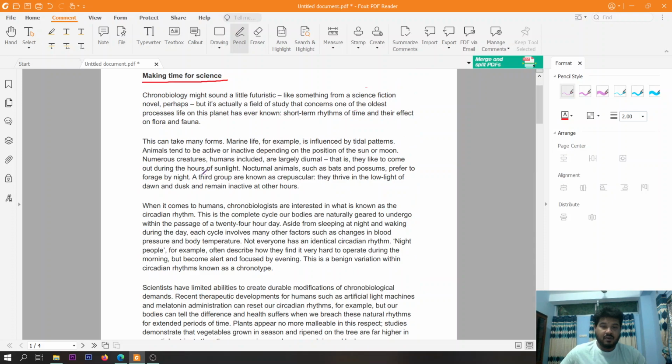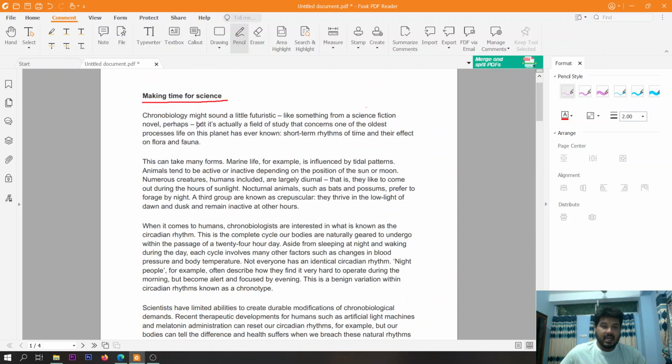Now, if I go right at the beginning, I can see chronobiology might sound a little futuristic. Of course, when I read this, I can find a particular vicinity. So I think this is where my answer might be. So let's read this paragraph.